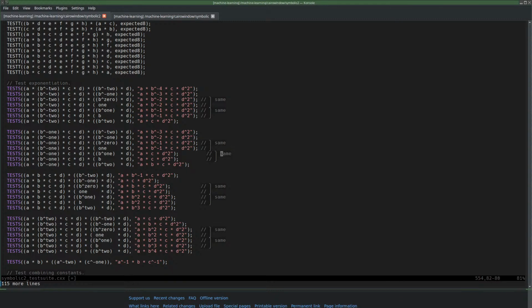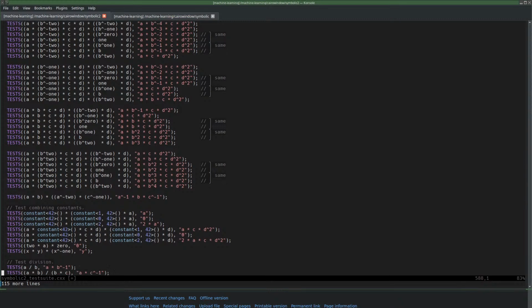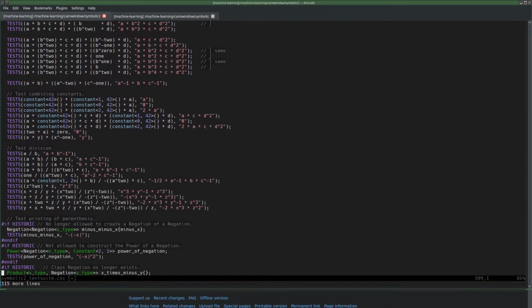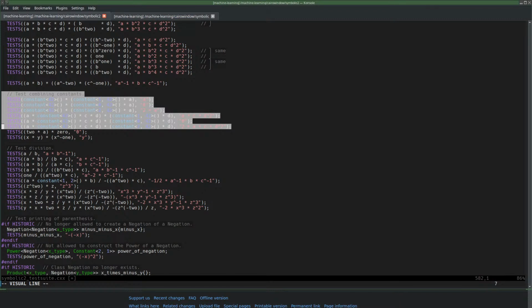What is with this indentation failure? Let's redo the constants.